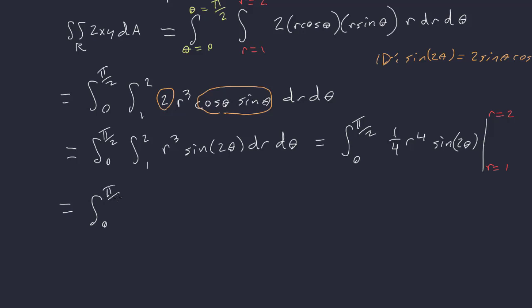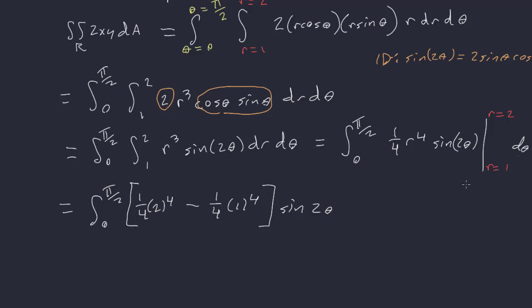So we'll get the integral from 0 to pi over 2 of 1/4 times 2 to the 4th, minus 1/4 times 1 to the 4th, all times sine of 2 theta d theta.